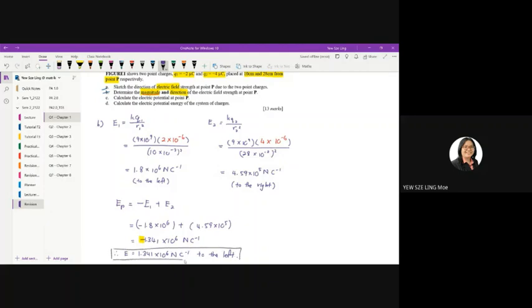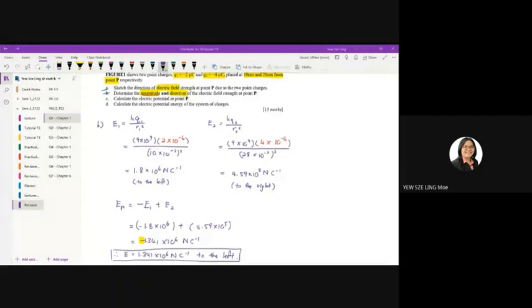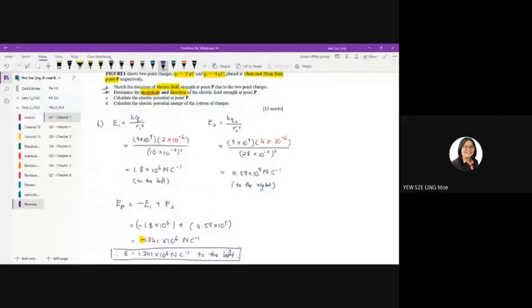If you leave your answer as a negative value, 1 mark will be deducted. So when it comes to this question, if you got E1 correct, then you got 1 mark. If you got E2 correct, you got another mark, means you substitute with the correct value. And if you know that to the left means negative, to the right means positive, means you got the right concept, K1.